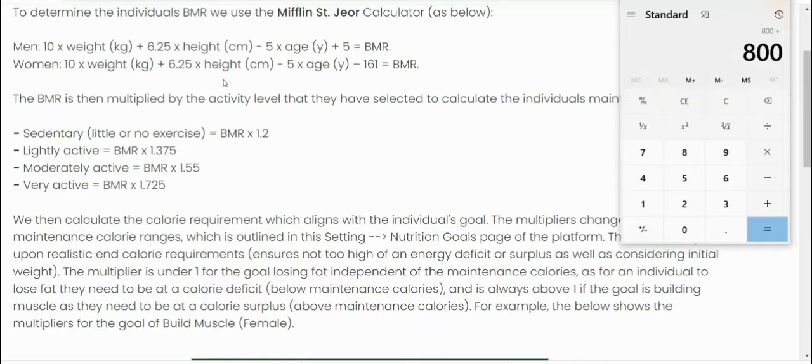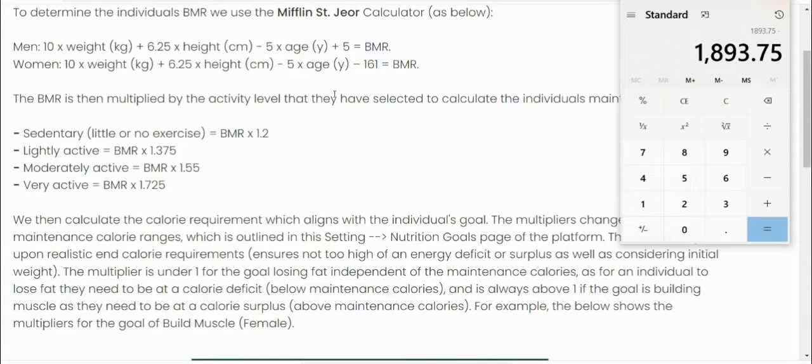I've done some calculations here. 6.25 times 175 gives us 1,093.75, right? That's 6.25 times height in centimeters. And then we have a minus, 5 times age.